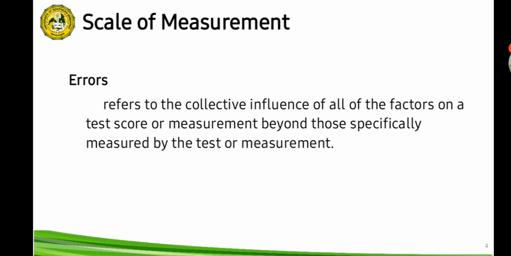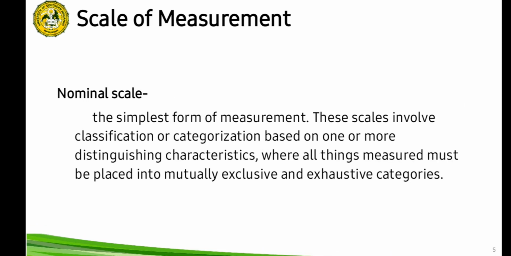Next. Before I discuss the first scale of measurement, I'll have a trivia first about the four scales of measurement. The French word for black is spelled as N-O-I-R, and it is pronounced as noir.